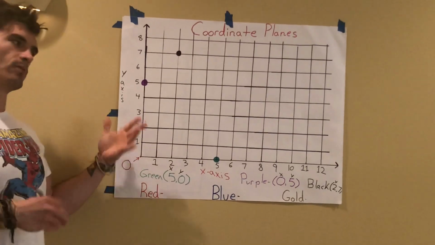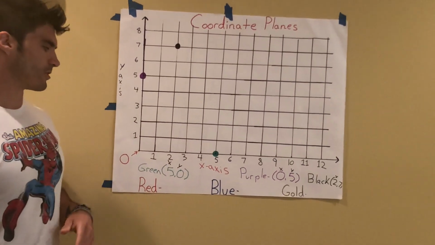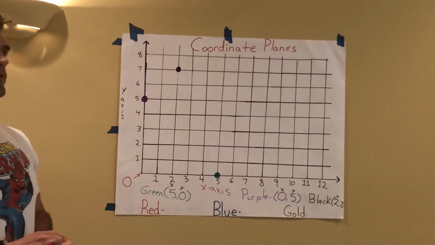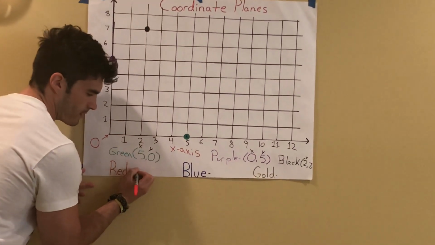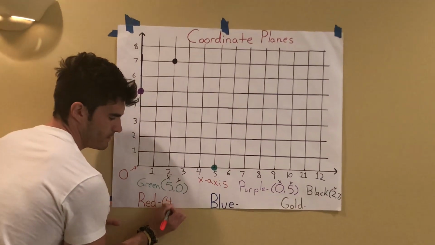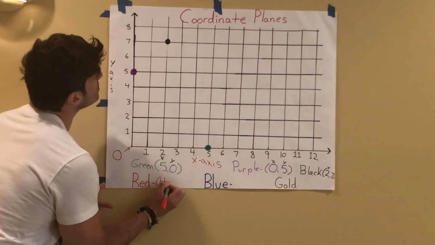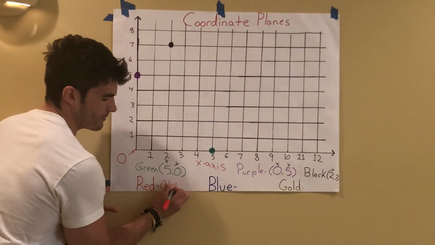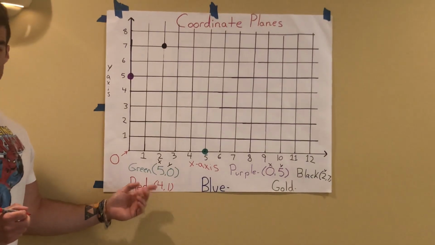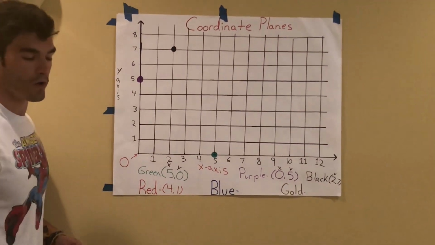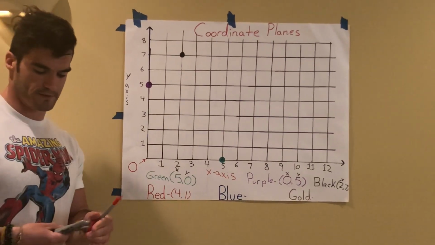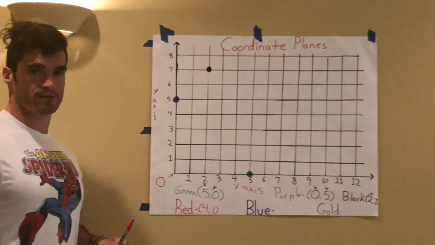Now I'm going to plot some random points for ordered pairs. So if I have red, I'm just thinking of an ordered pair. Let's go with (4, 1). In an ordered pair, when you have the x and the y coordinates, x is always first. And I know I sound redundant, like I'm repeating myself nonstop, but you've got to have this mastered.